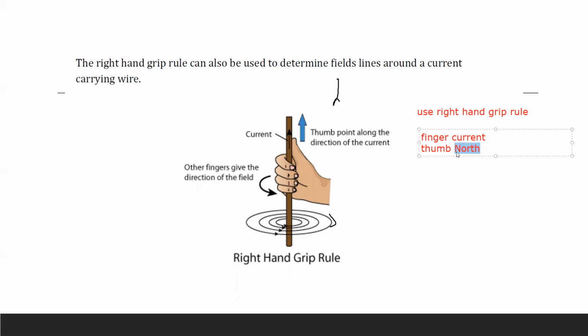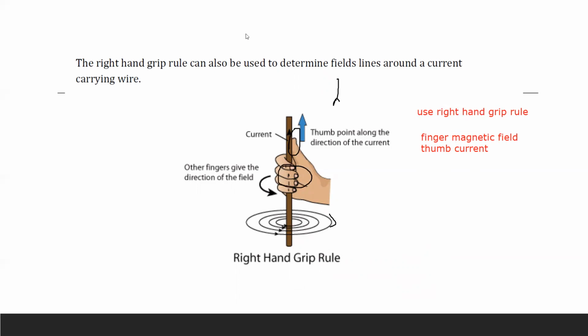The thumb will represent the direction in which the conventional current flows, and the fingers will turn in the direction of the magnetic field. So if you grip, with your thumb pointing like the current is going up, the fingers turning automatically show the direction of the magnetic field.